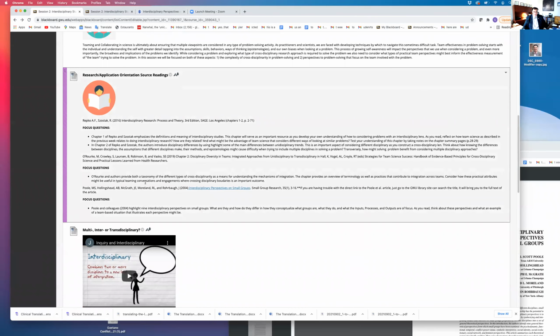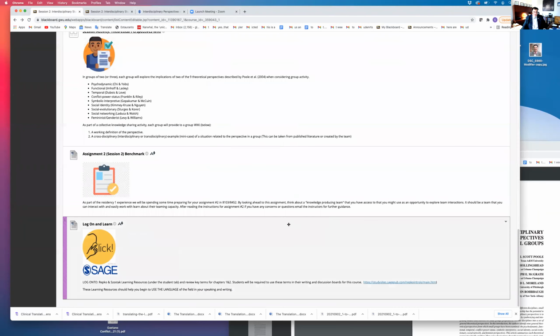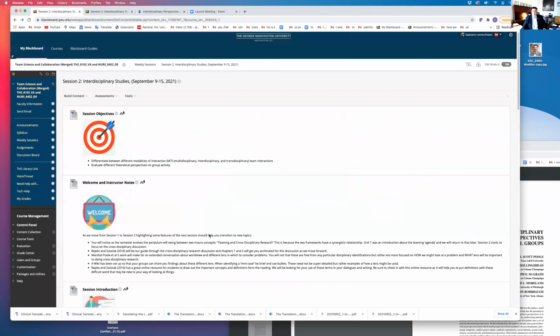You have some other reading. This is all meant to sort of get you thinking about the idea of why cross-disciplinarity is an important part of team science, and also some of the challenges that go along with working with people from different disciplines with different perspectives.